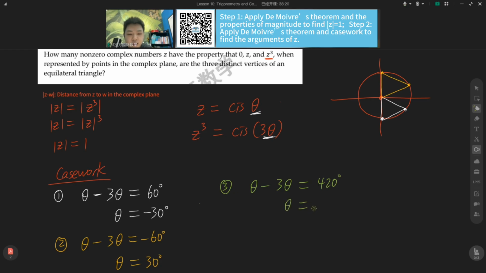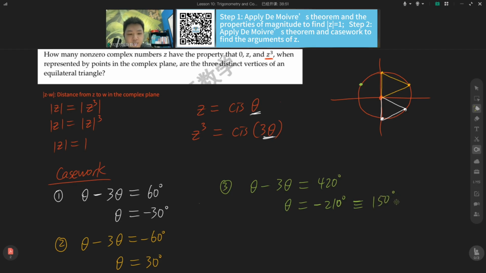So theta is equal to negative 210. Negative 210, it is gonna be positive 150 right here. 这里30，这里是150，刚好是一个互补。That is theta, and then 3 times theta is going to be congruent to 150.